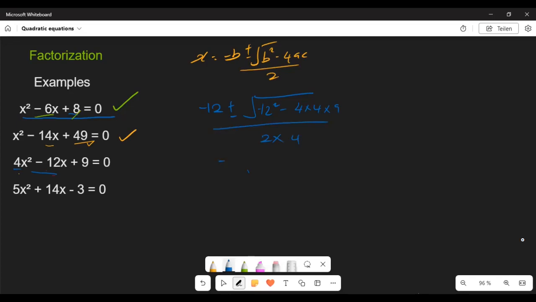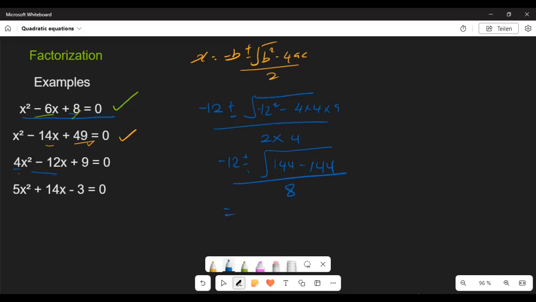So here we have minus 12 plus minus the square root of 144 minus 36 times 4, which also gives us 144. Then here we have over 8.